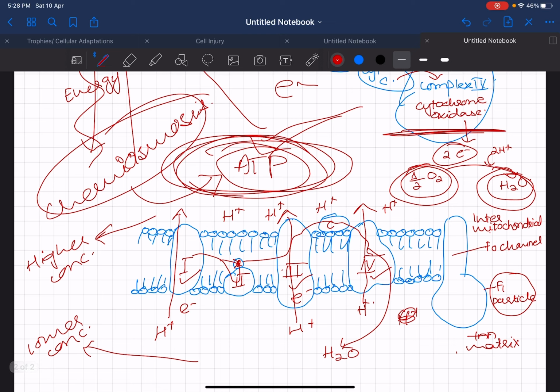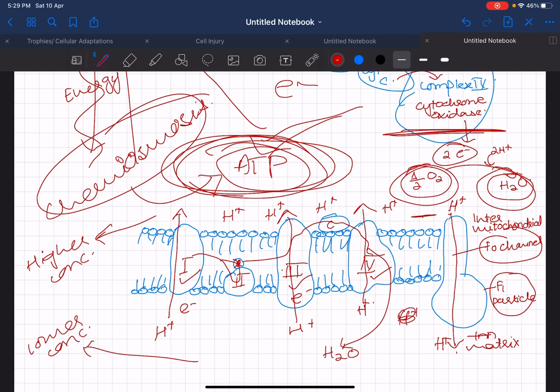So there is a higher concentration of hydrogen ions here, while there is a lower concentration of hydrogen ions here. So what is this F1 particle going to do? Through the F0 channel, they're going to be moving the hydrogen ions from the intermitochondrial space into the matrix.